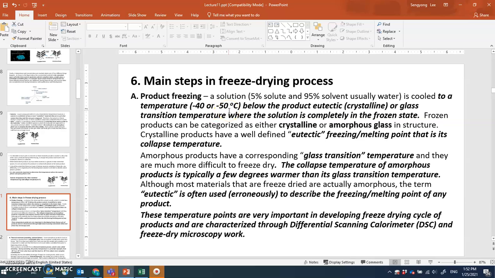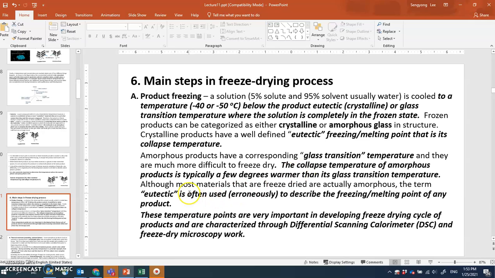Okay, and then once the product is frozen, as we said, your drug molecule could be in a crystalline state or an amorphous glass state. If it's a crystalline structure, then eutectic is very good, right? So understand, an amorphous product has a corresponding glass transition temperature, or collapse temperature. So you need to understand those.